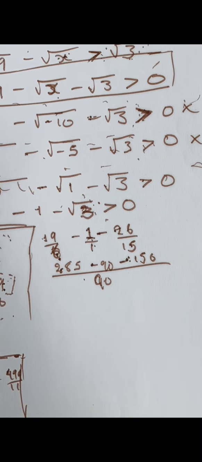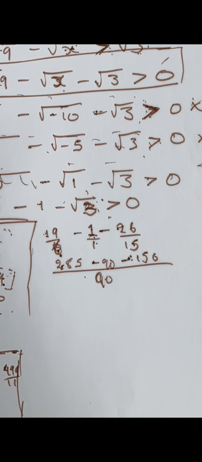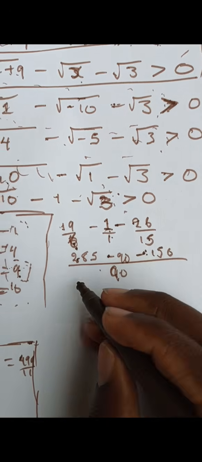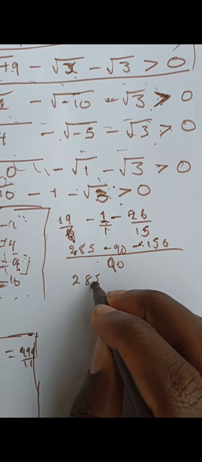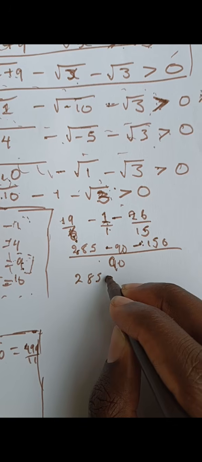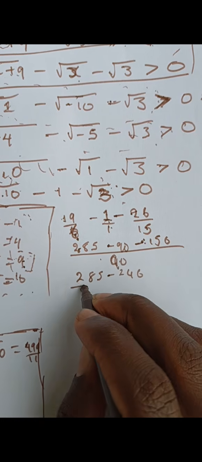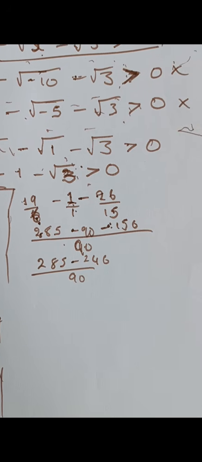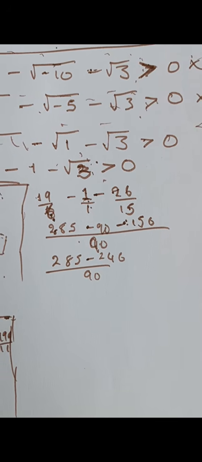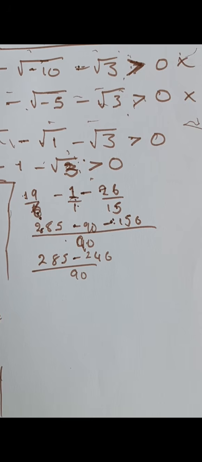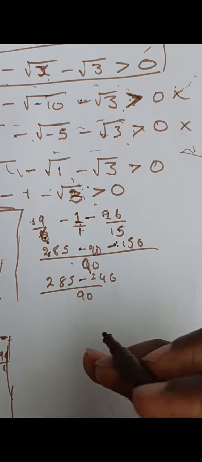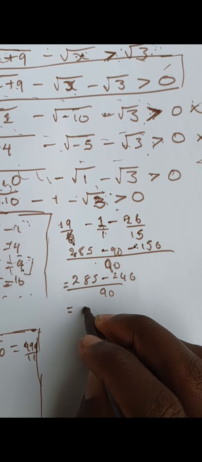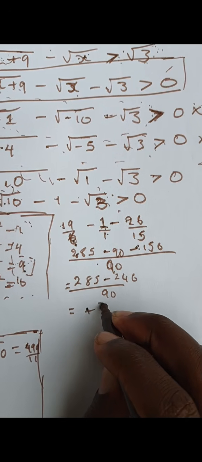So we're going to eventually get 285 minus 246 over 90. It gives us a positive value, which is positive 39 over 90.